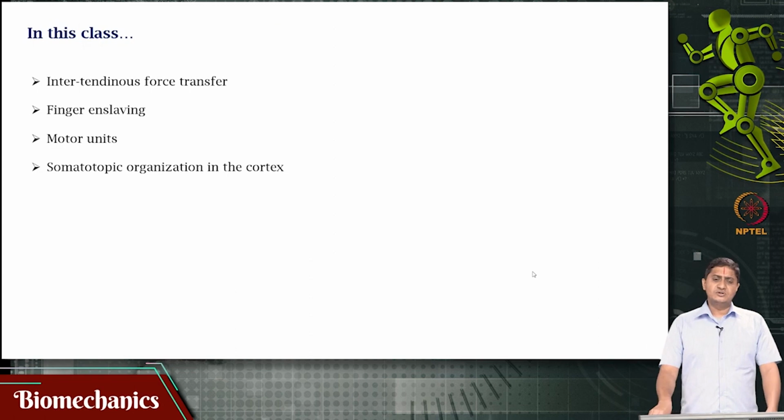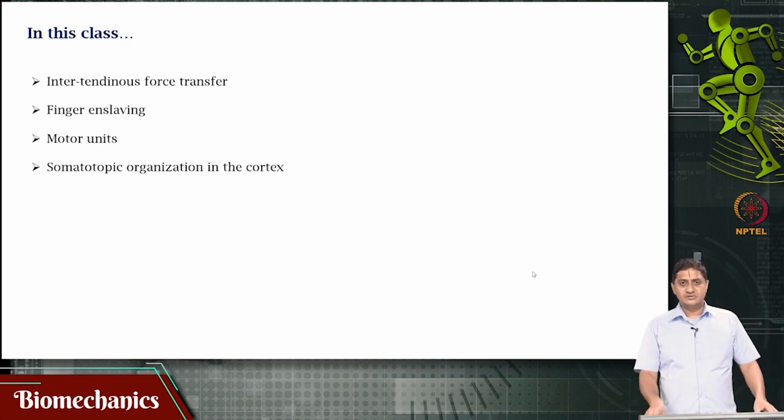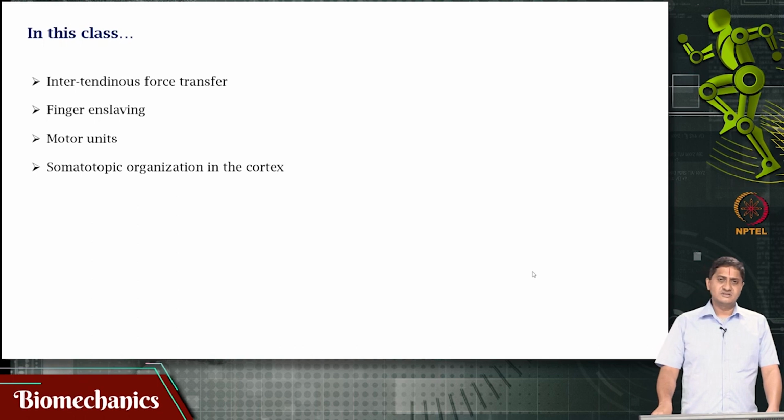So, in this video we will be looking at intertendinous force transfer, how between tendons force can transfer, shear for example, and one critical example of tendon related force transfer or transfer of some mechanical effect due to tendon behavior called finger enslaving.